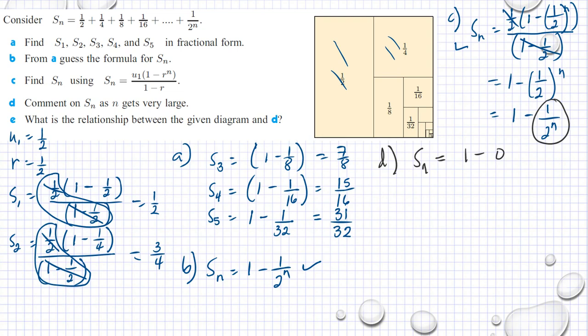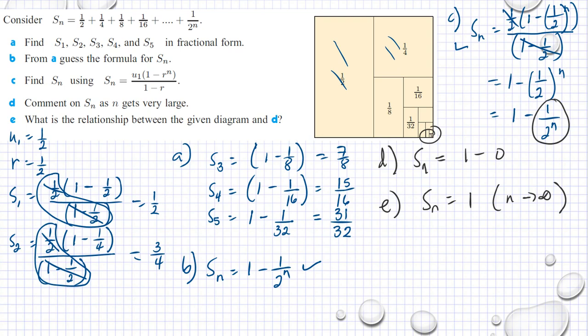And E now, what is the relationship between the given diagram and D? Here, as you can see, if I add 1/2, 1/4, 1/8, and so on until a very small piece of the paper, then my total is the whole paper or whole figure when n approaches infinity.